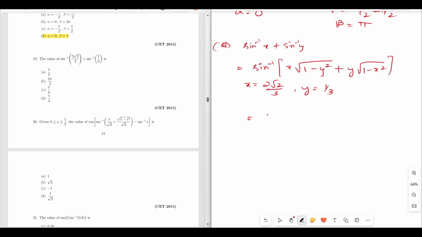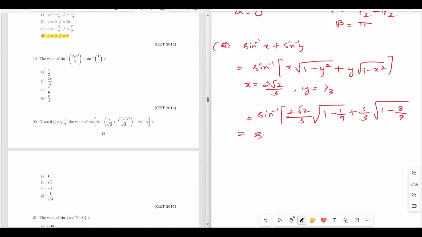Just substitute in this, you get sine inverse 2 root 2 by 3 root of 1 minus y square. Y square is 1 by 3, when you square it, 1 by 9, plus 1 by 3, which is y, root of 1 minus x square. That means 2 root 2 by 3 whole square. So when you square it, 2 square is 4, root 2 square is 2, so 4 2s are 8, and 3 square is 9. 1 minus 8 by 9.